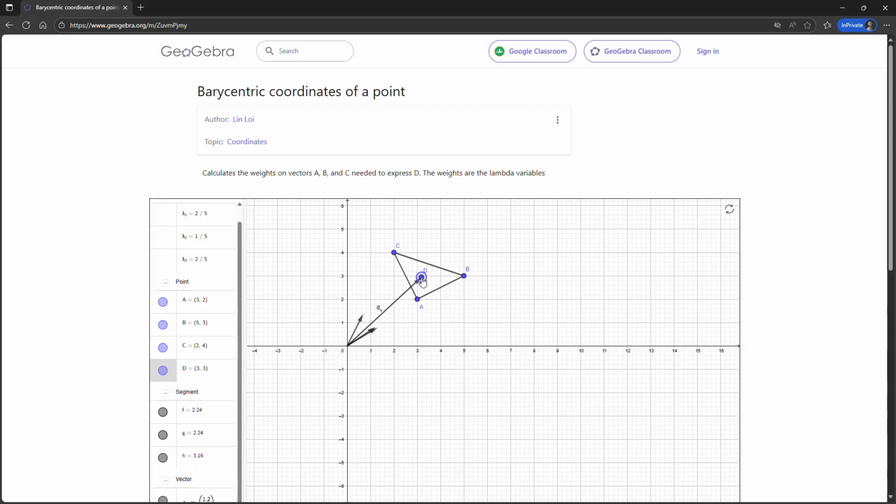Okay. If we're on the edge, we still get positive values, right? These weights are called barycentric coordinates.